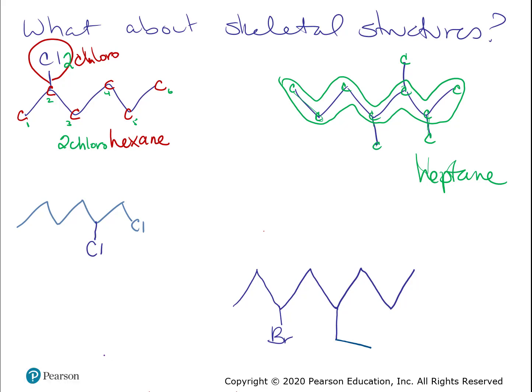But now see, I've got these ones sticking up here, here, and here. What are those? It just looks like a line sticking off, but what is that? If it's a C, remember it's going to have 3 hydrogens on it because carbon has to have 4 bonds. So this represents CH3, which is a what? So what's a CH3 group? A single carbon.